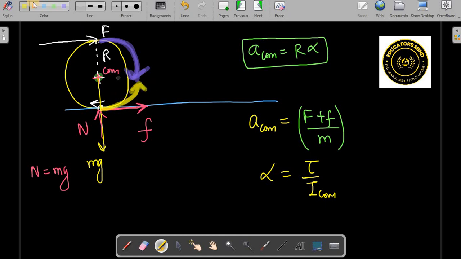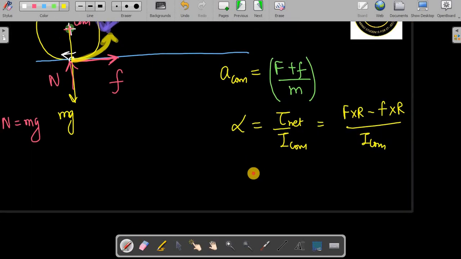Both torques are in opposite directions, so you consider the resultant or net torque. So the net torque is F into R minus small f into R, divided by I center of mass. So alpha becomes (F minus f) times R by I center of mass.